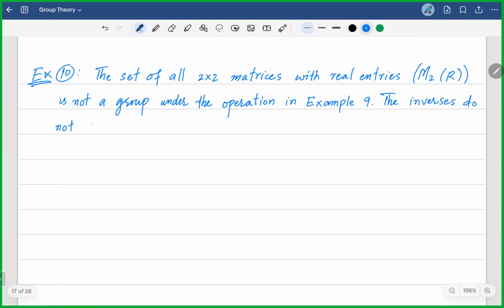And what does that mean? That means the GCD of a and n is 1.